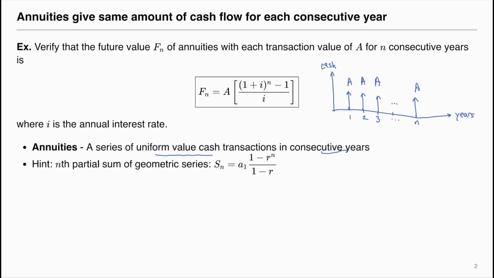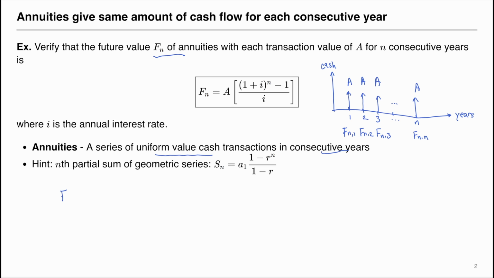In this example, we will verify that the future value F_n of an annuity with each transaction value of A for n consecutive years would be expressed with this expression, where I is the annual interest rate. For each year, we can calculate the future value F_n for year 1, year 2, year 3, and year n.